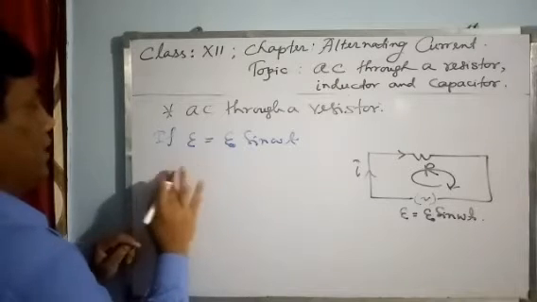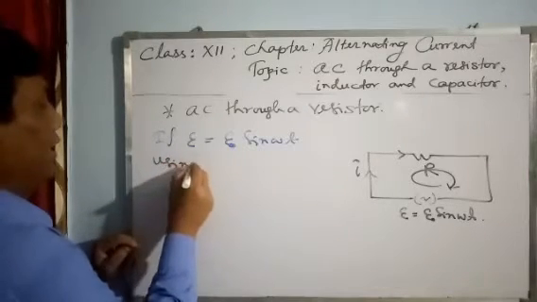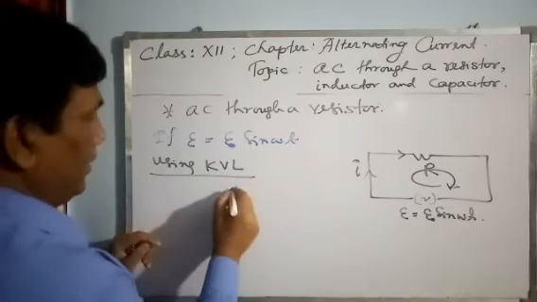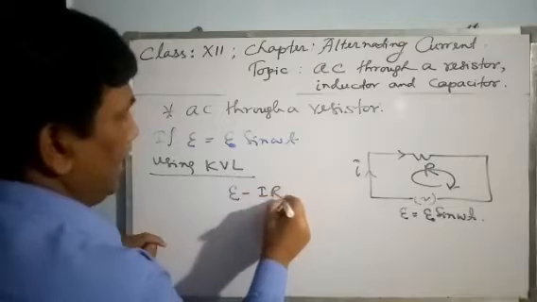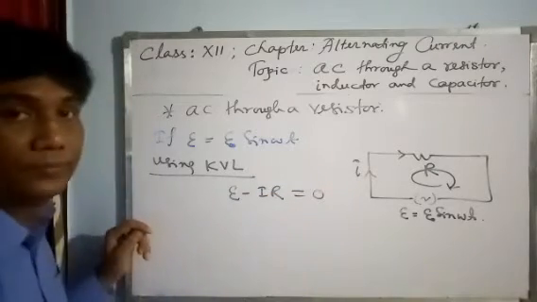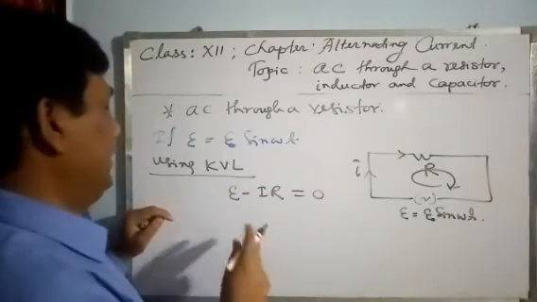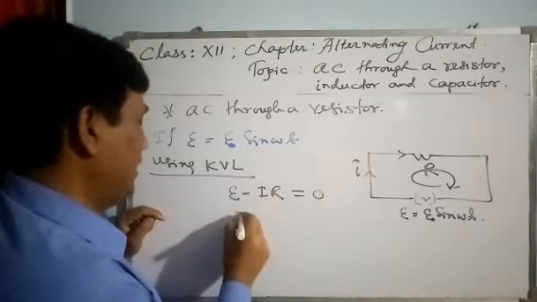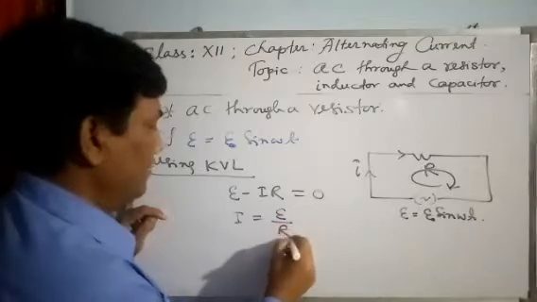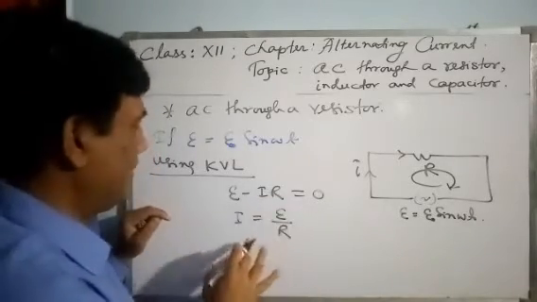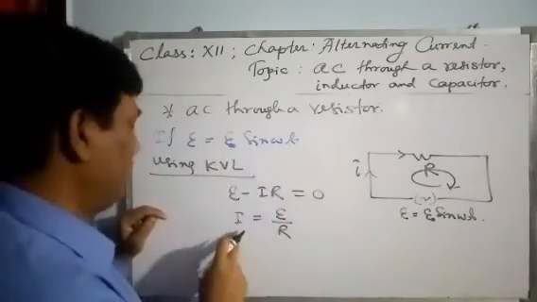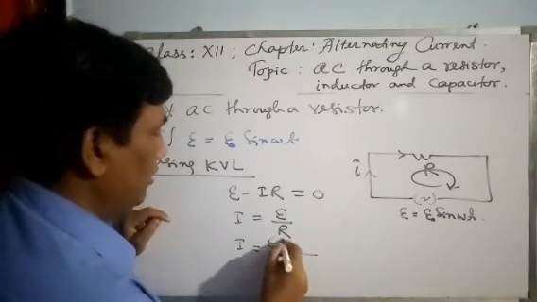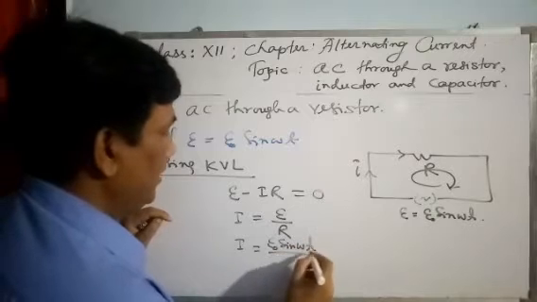So using KVL, Kirchhoff's voltage law, E minus IR equal to 0. I is the current, so it says that I equals E upon R. That thing you also know simply, but I am trying to implement KVL. Then I equals E naught sin omega t upon R.